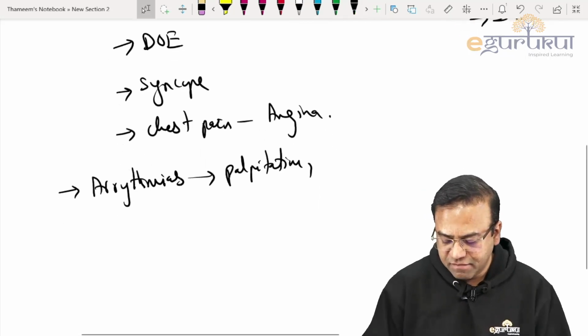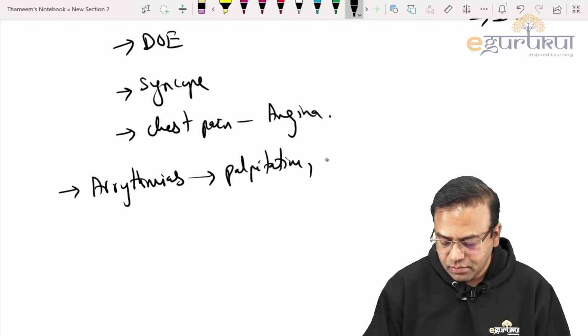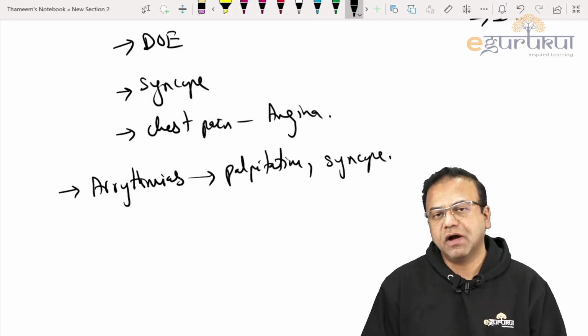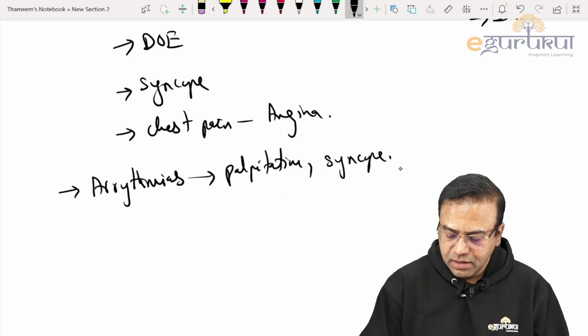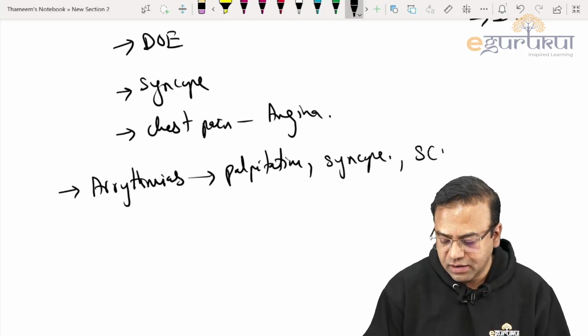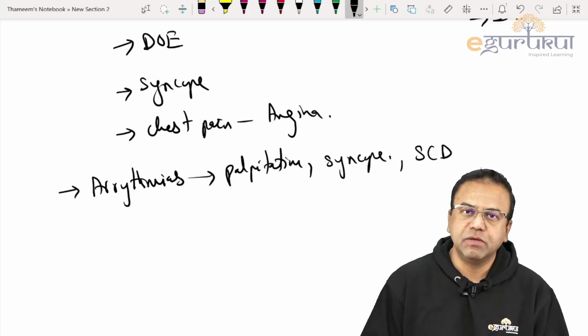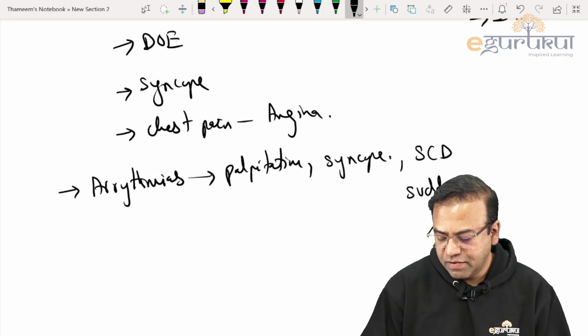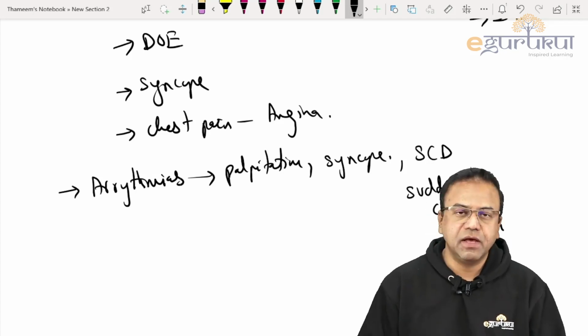Some patients can have again syncope because of decreased blood that is being pumped out of the heart because of the arrhythmia. Sometimes it can result in a ventricular fibrillation that can cause sudden cardiac death, and this is obviously the most dangerous presentation, sudden cardiac death. So there's a variety of manifestations that can be there in patients with HOCM.